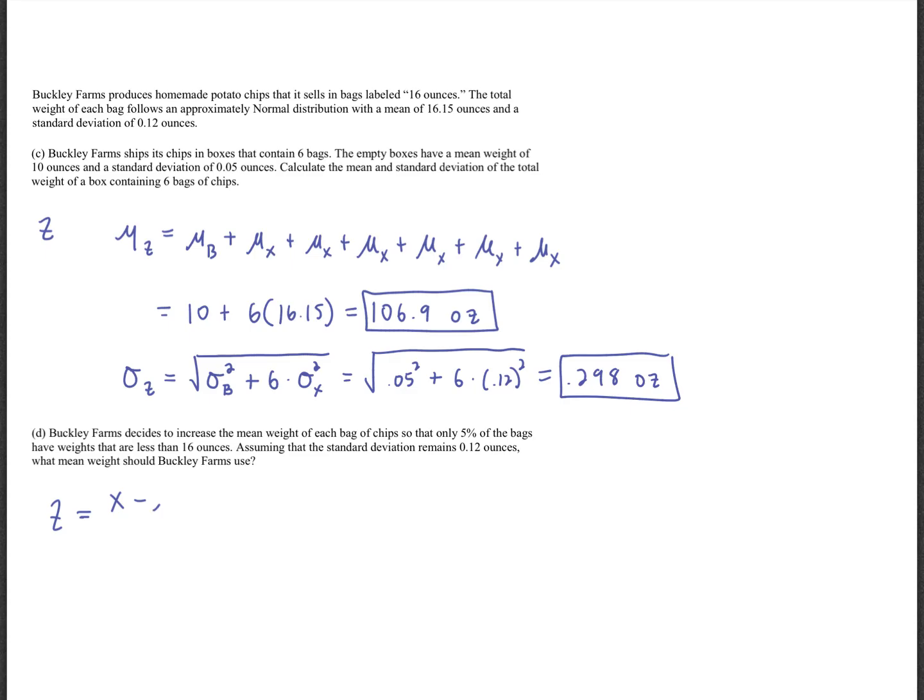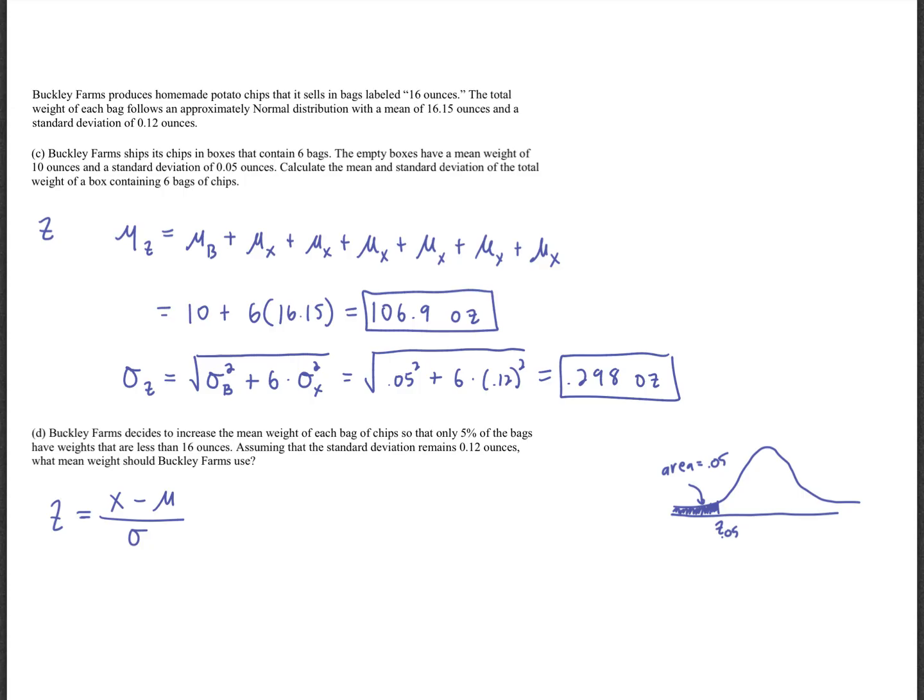So value minus mean over standard deviation. Okay, so remember the z-score is associated with the percent. Just to remind you, you've got this normal distribution, and then this is some kind of z-score. And there's a z-score associated with 0.05. So with that area equals 0.05, there's some z-score associated with that.